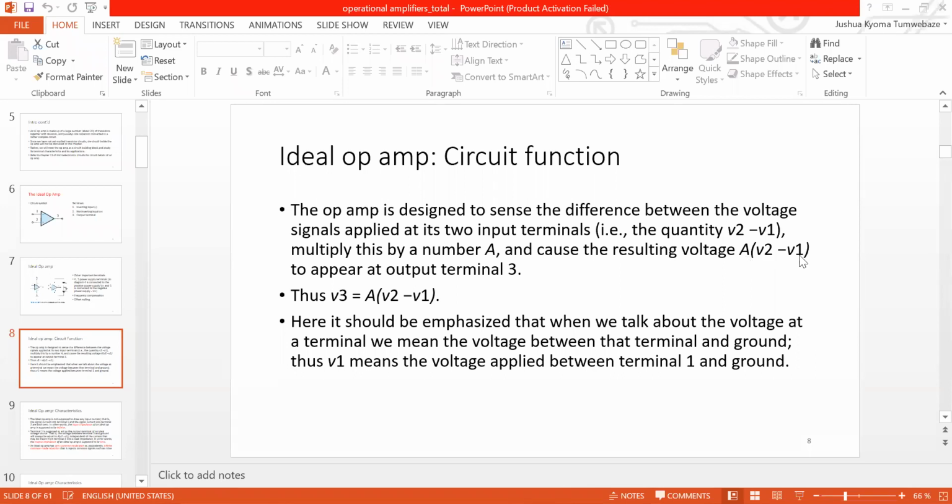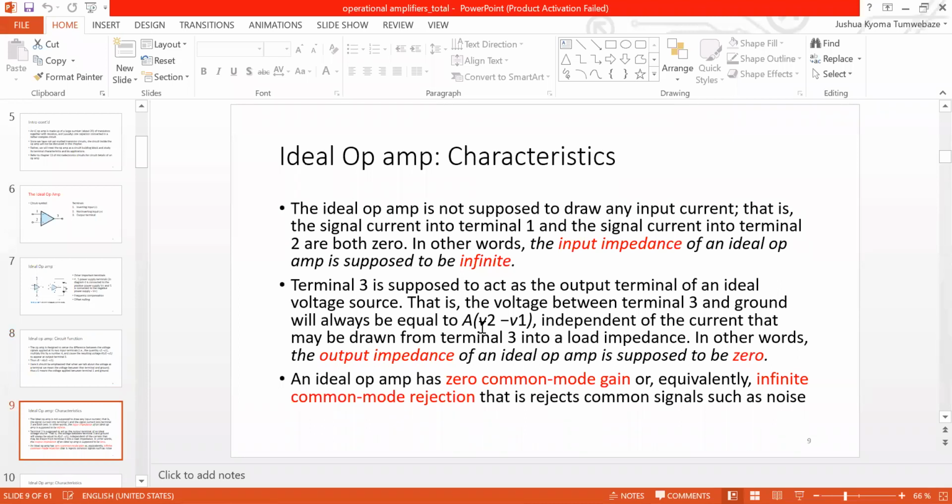That is the output which appears at terminal 3. And we can say that V3 is equal to A times (V2 minus V1). So it is essentially what they call a difference amplifier.